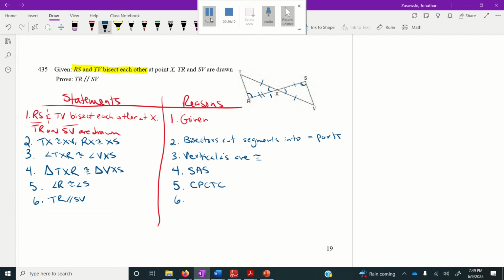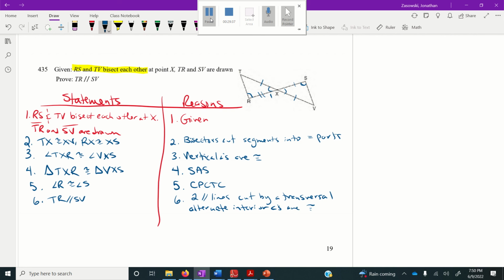And the reason is because we have 2 parallel lines cut by a transversal when the alternate interior angles are congruent.